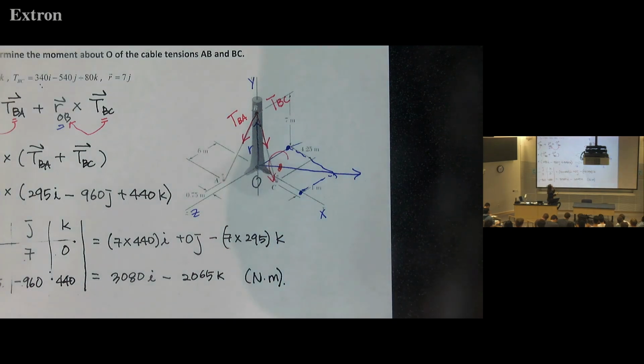So please look at this direction. This is the moment directional vector we calculated. As an engineer, please think about the direction of the moments these two cable tensions induce on this tree. Is it pulling in this direction, or this direction?